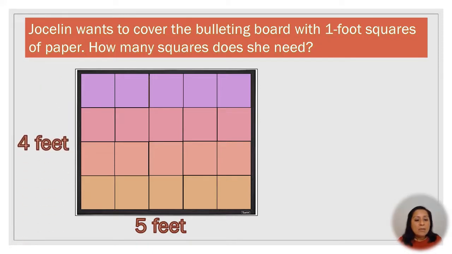Now, when she counts by 5, 10, 15, and 20, she's going to find out that the area is 20. But she can count 2 by 4s, and when she counts by 4, she's going to find that the area is still the same, 20.